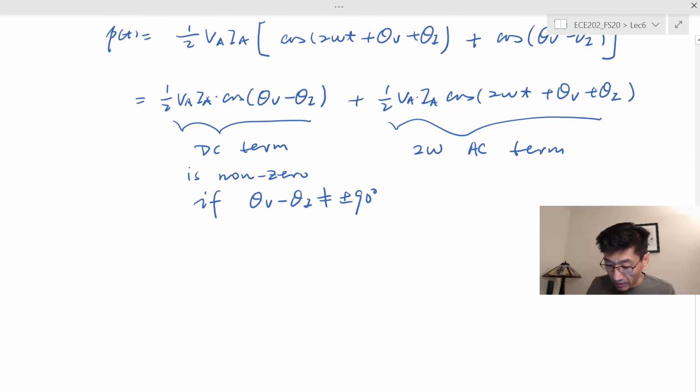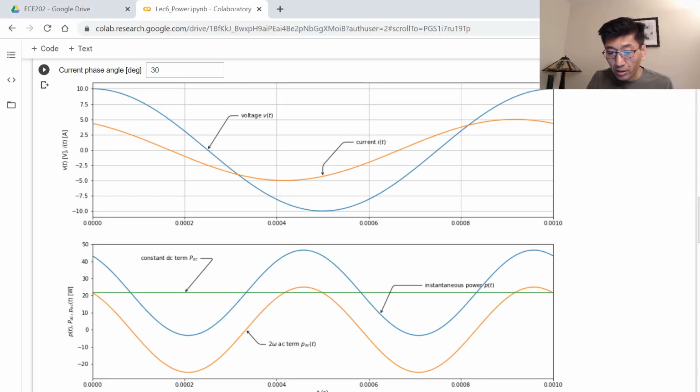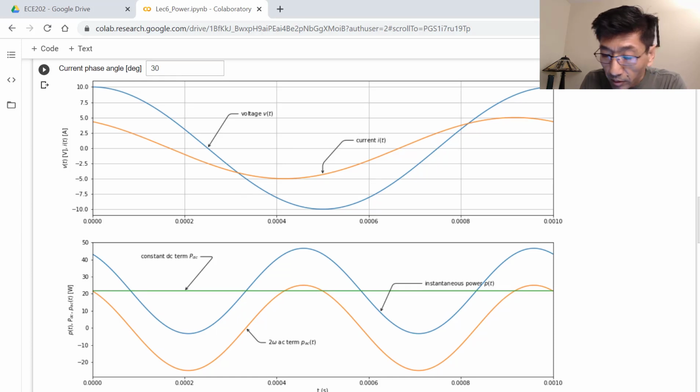And let's look at the Google Colab notes. I already wrote the code. Here I just give you an intuitive view of what this instantaneous power looks like. So here we have the voltage, like 10 volts in a cosine function.